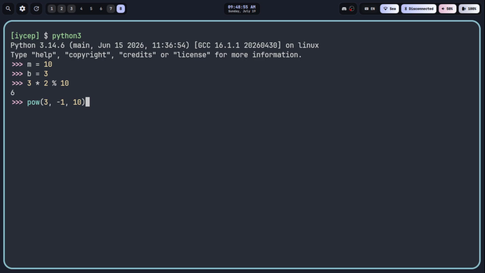But instead of calculating 1 over 3 that we would normally do, we are going to add a third input parameter, 10, which is our modulus. So what this does is that it will calculate the inverse of 3, or 1 over 3 mod 10. In this case, it is 7. And does anyone know why this is 7? Or why 3 inverse is 7?